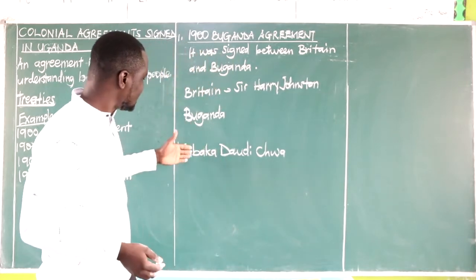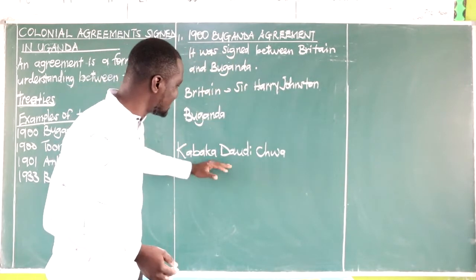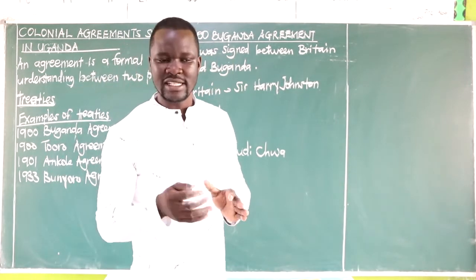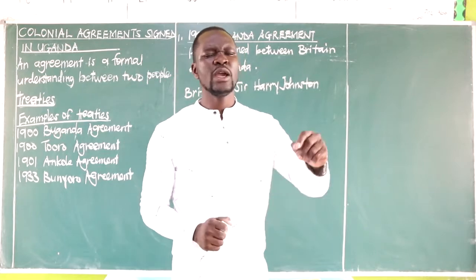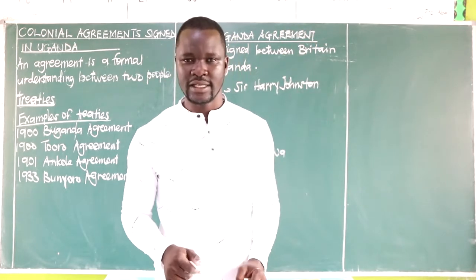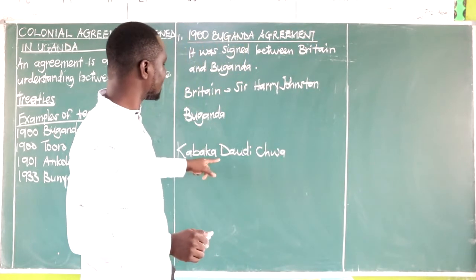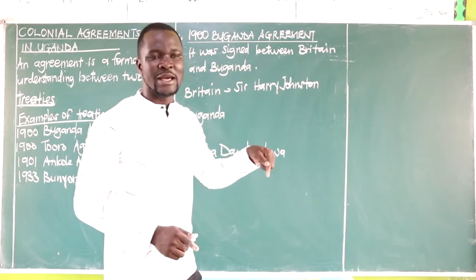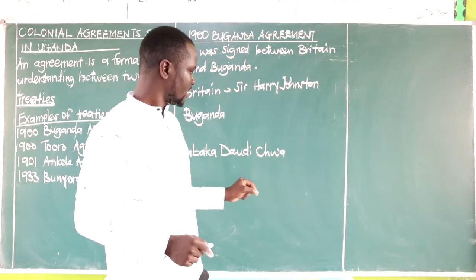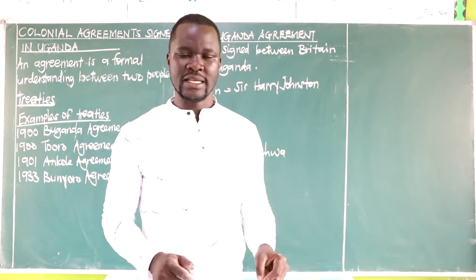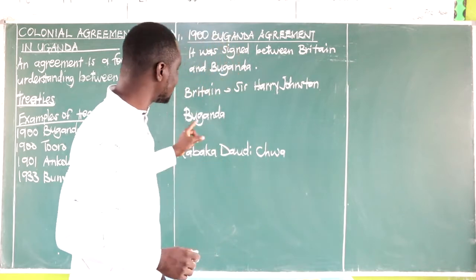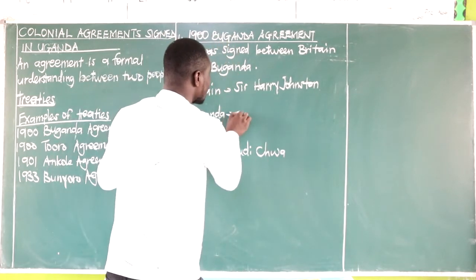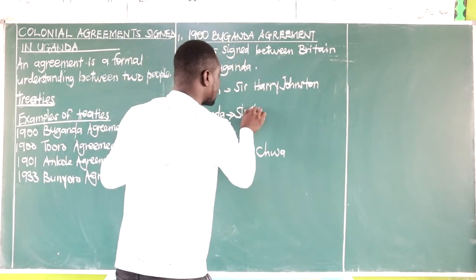It means that at that time, this child could not sign the agreement because he was too young. Therefore, this agreement was signed by the Katikiro, the prime minister in Uganda, who by that time was Sir Apollo Kagwa.